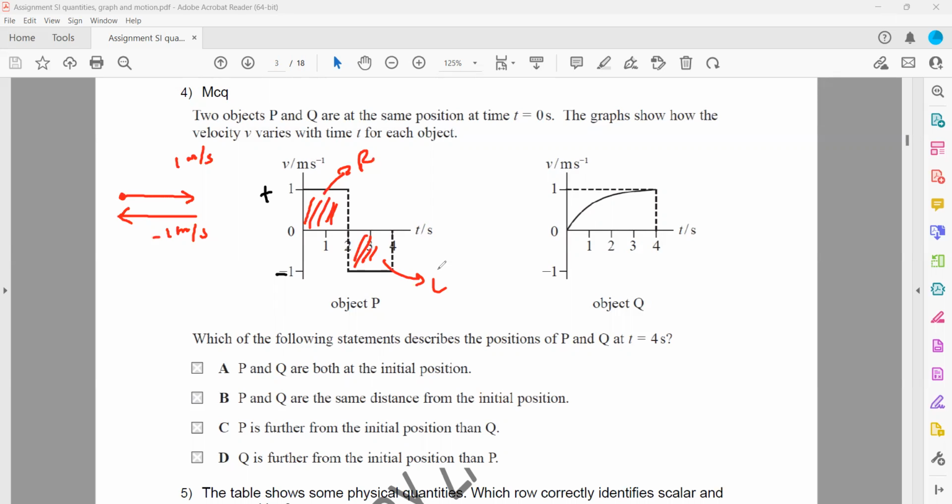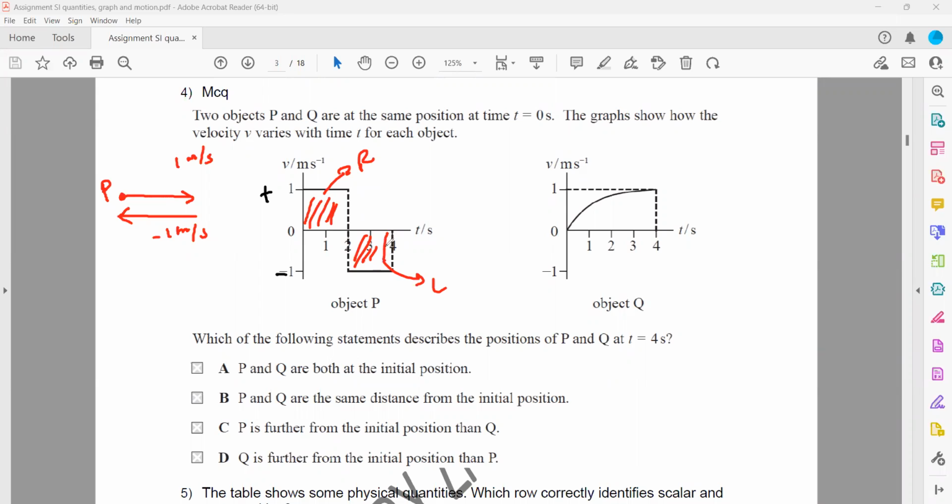So if both have the same areas, it covered the same distance. Maybe it moved 2 meters towards right, and then it returned back 2 meters towards left. So the object P will be at the origin, the starting point.